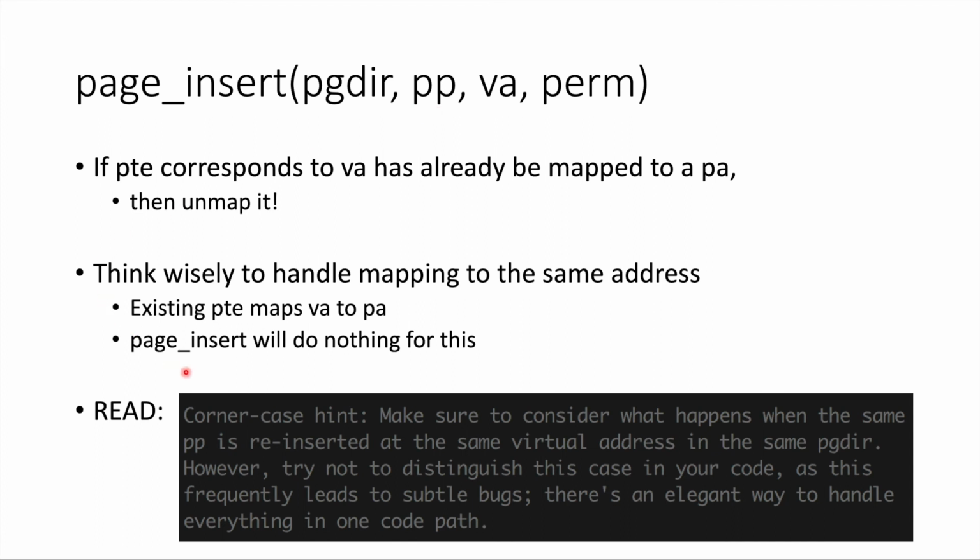So please read the hint about this corner case thoroughly, and then think about the case, and please wisely avoid that case and handle the error conditions correctly. If you don't do it correctly, then you will encounter lots of insertion errors at the check functions. So yeah, this part is quite important.